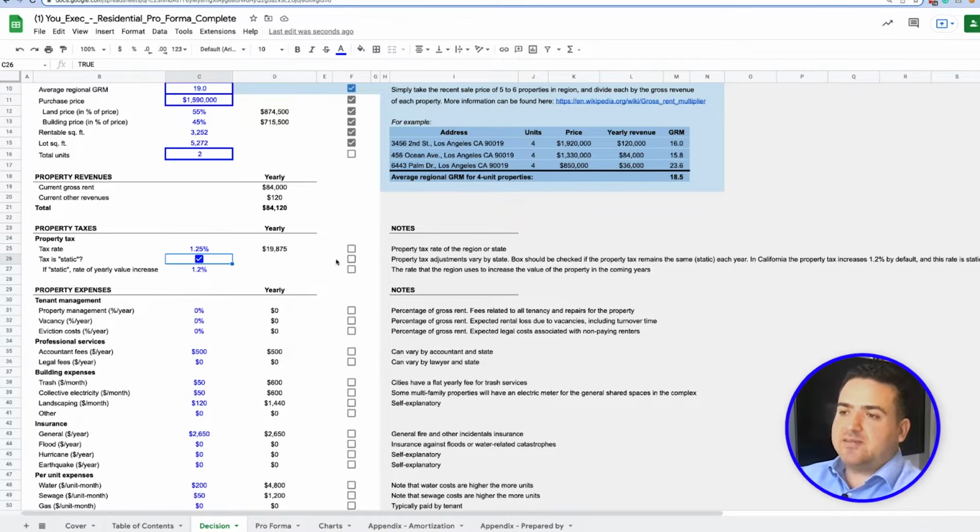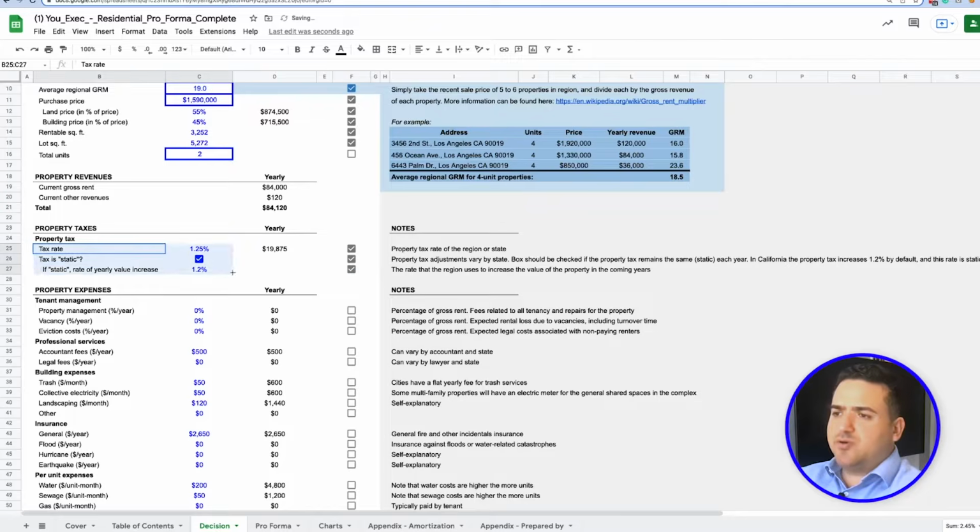The property tax is calculated based on the purchase price, and the state will then increment the purchase price by 1.2%. However, if you live in a state like Florida, Florida's property tax is based on the yearly value of the property. So you want to uncheck that, or in Excel you want to write false.